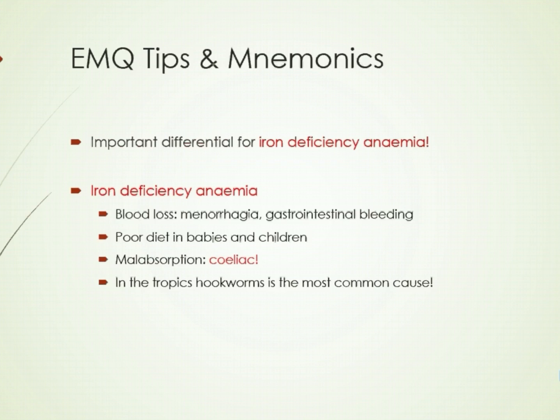That's probably not one that you need to remember. Now is as good a time as any to sit down and revise the signs, tests and treatments of iron deficiency anemia, because they always come up in exams.